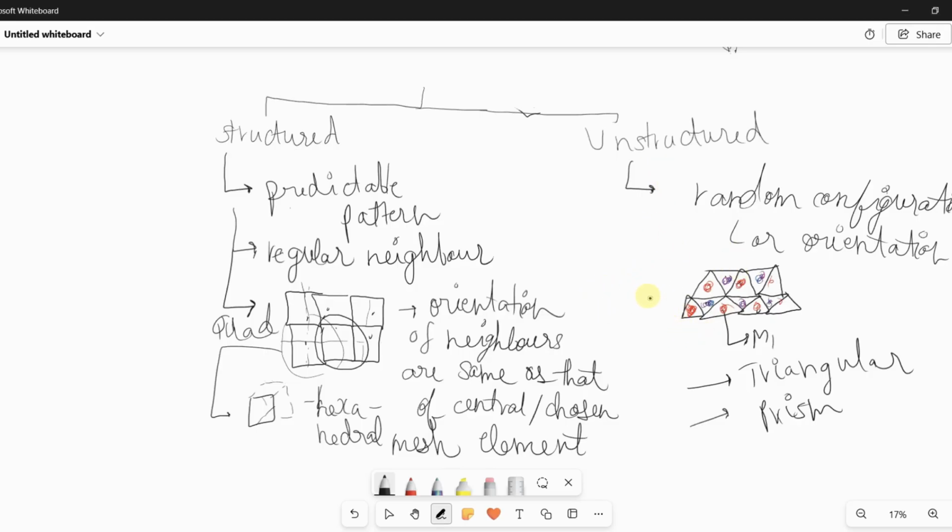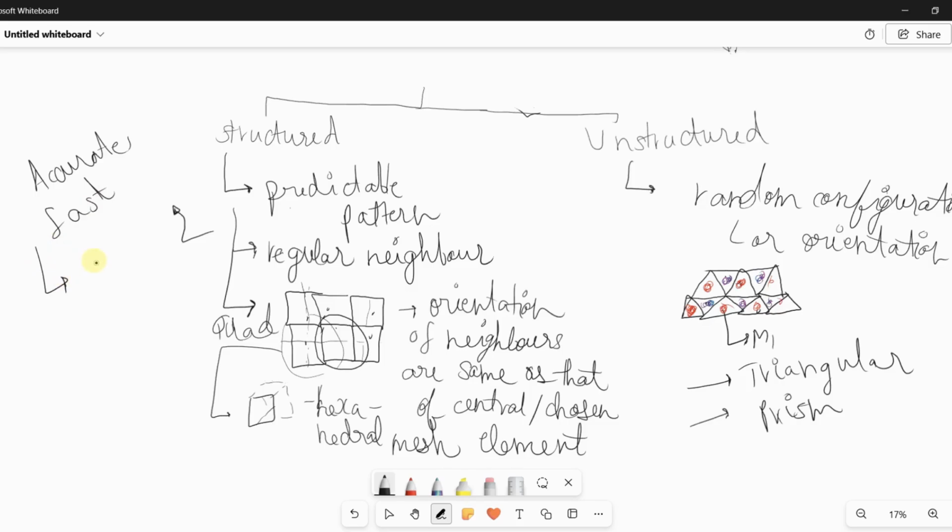So why does it matter if you have a structured or unstructured mesh? Well, it's simple. Structured mesh is very accurate and fast.